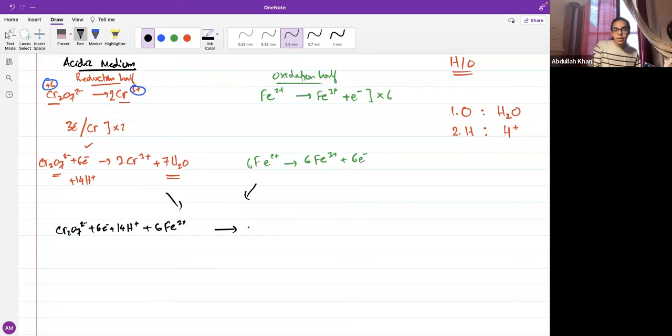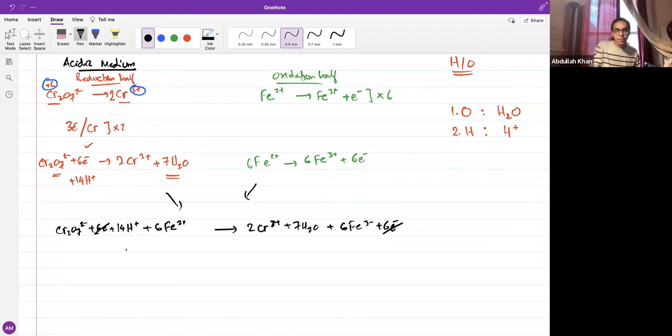Cool. Now the product side on the red is 2Cr3 plus 7H2O. And on the green side, you have 6 Fe3 plus and 6 electrons. Fantastic. If you did this correctly, the electrons should cancel out at the end.